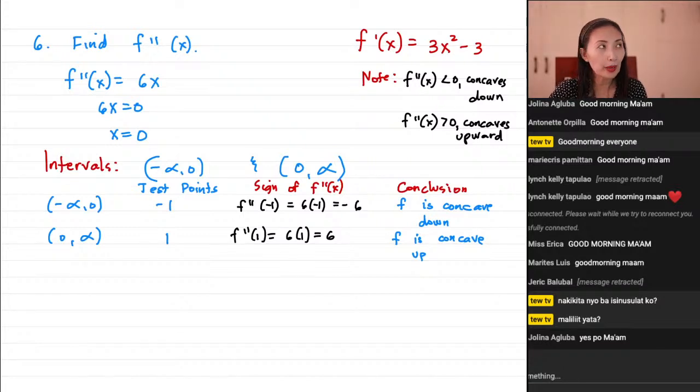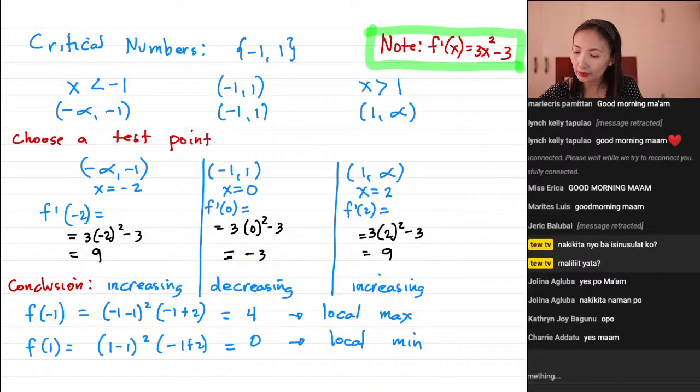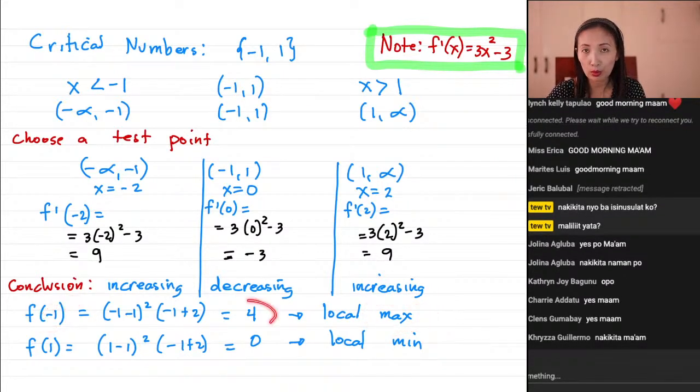So going back to our previous step, we said that the function has a local maximum at x equal to negative 1. Let's see if it jibes with our observation in the next step.